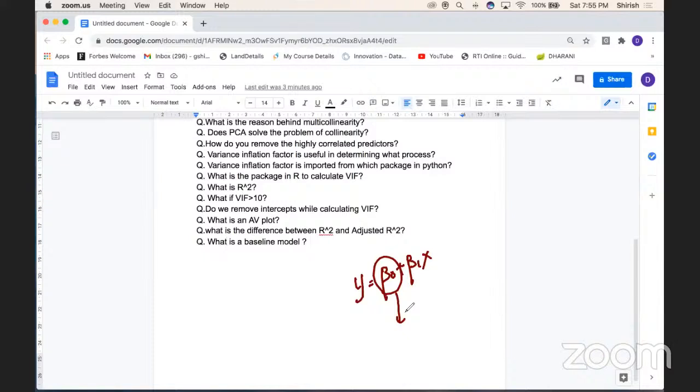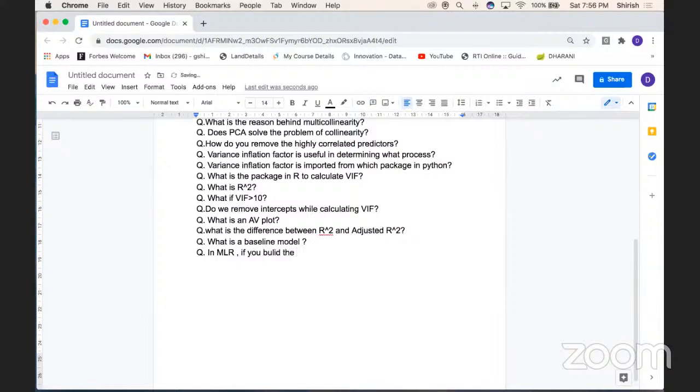Okay. So in multilinear regression, if you build a model, you get the p-value. Okay. So what happens if your p-values, in MLR, in multilinear regression, if you are building the model, you get p-values, right?